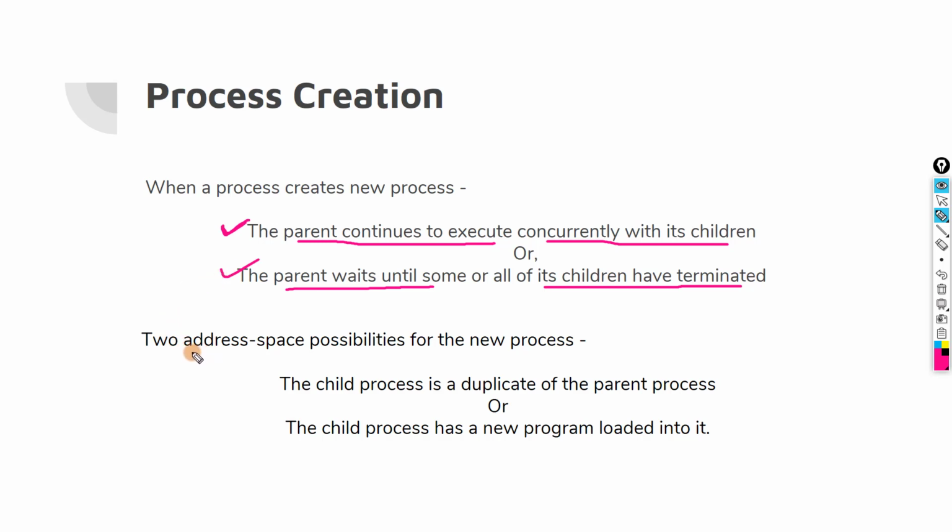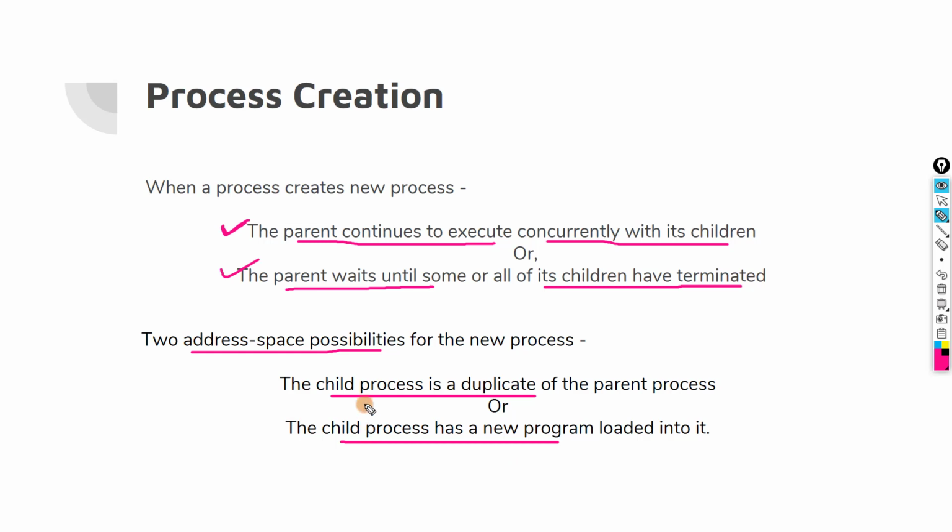In terms of address space, there are two possibilities. The first is that the child process can be a duplicate of the parent process. I mean, the child process will be exactly the same program as the parent. Or the child process may be a new program that is different from the parent.